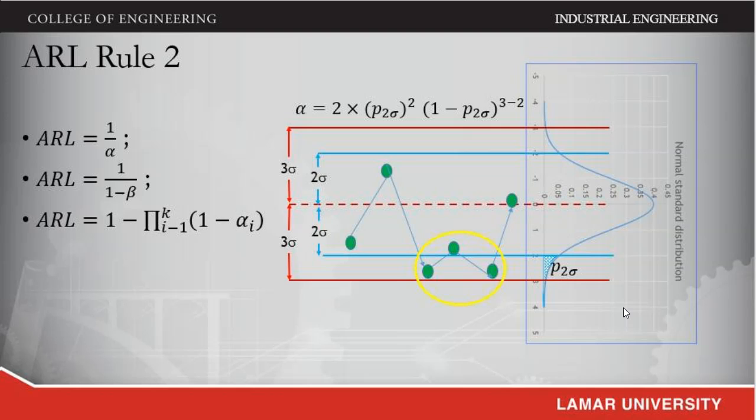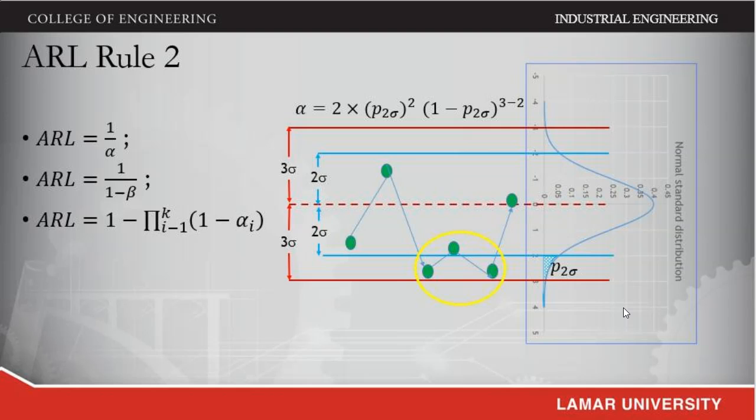So you would have a probability of success associated to the area between 2 and 3 sigma limits and combinations of 2 out of 3. Now this could happen on the top side and on the bottom side. So whatever result you obtain there, you would have to multiply by two, and that would give you an estimate of alpha for that particular rule.